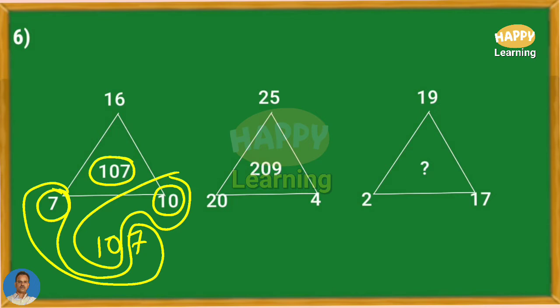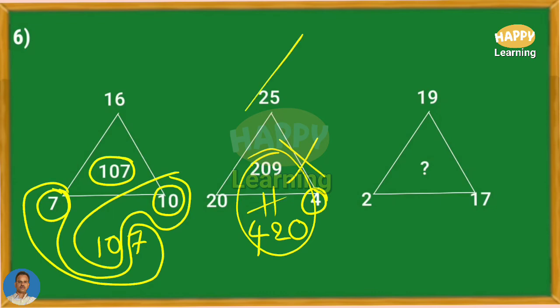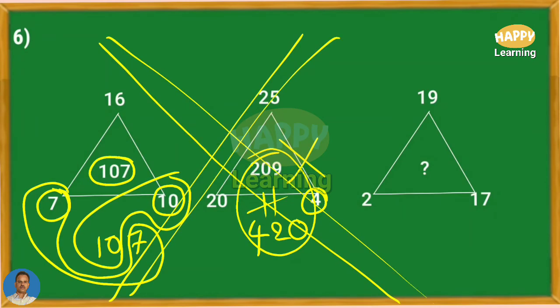If this is the case, here it should be 4 first and then 20. It should be 420, but here it is 209. These two are not equal. So this logic is completely wrong. Okay. So let us go to the next logic.